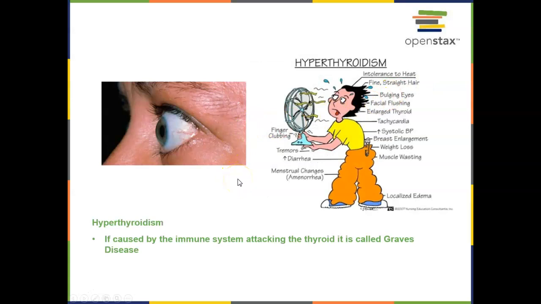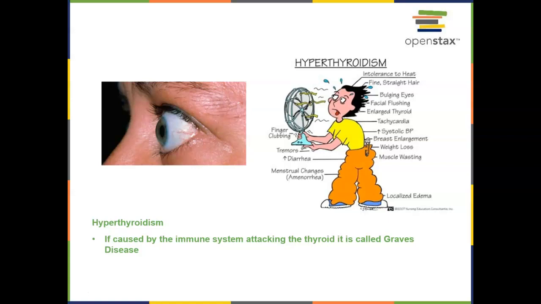Another disorder is hyperthyroidism. So with hyperthyroidism, the thyroid gland is overproducing thyroid hormone. This can be because of another disorder called Graves' disease.